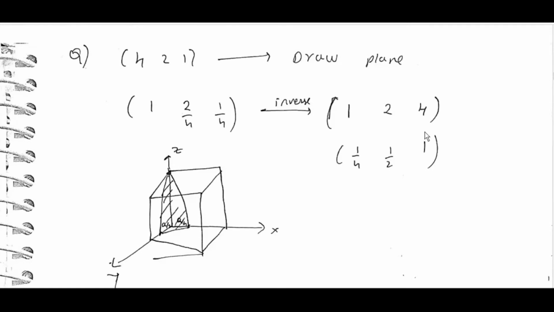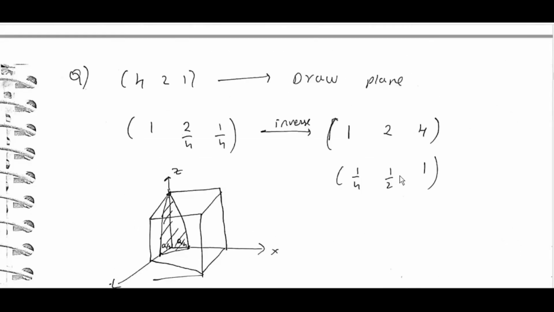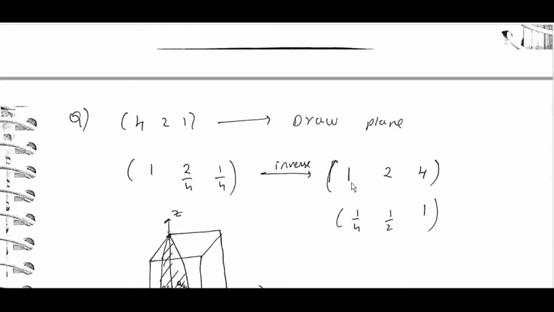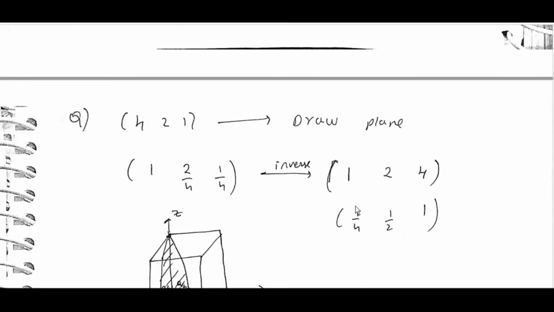Just do the reverse. If 1 by 4 is given, we find the reciprocals, 4 to 1, and then we find the normal integers.